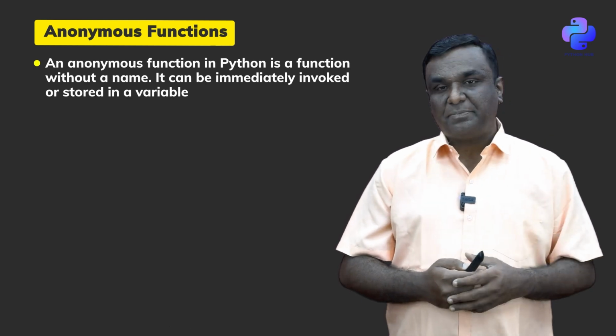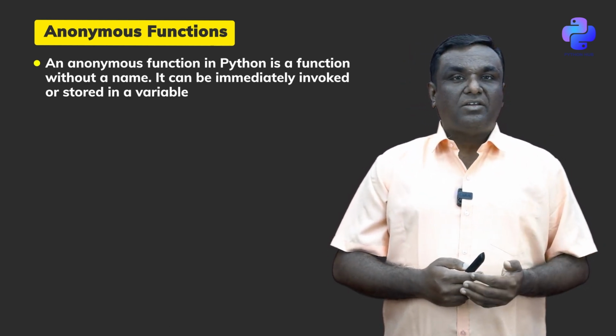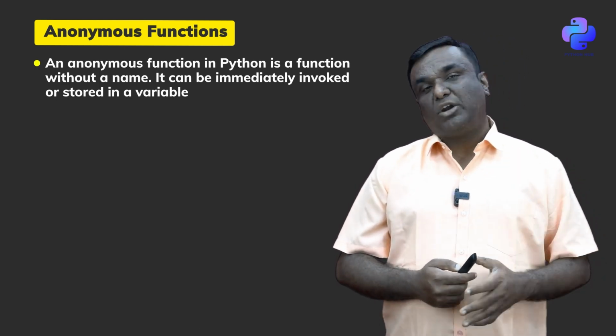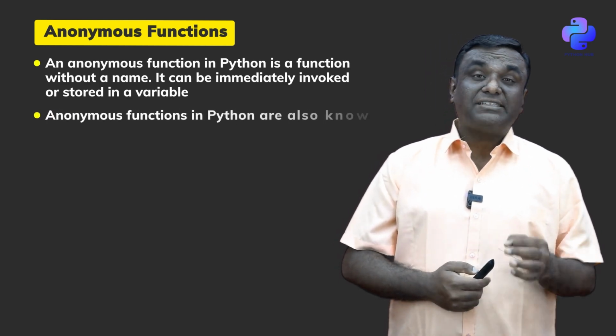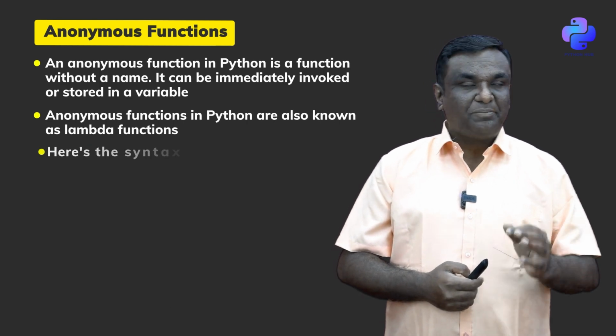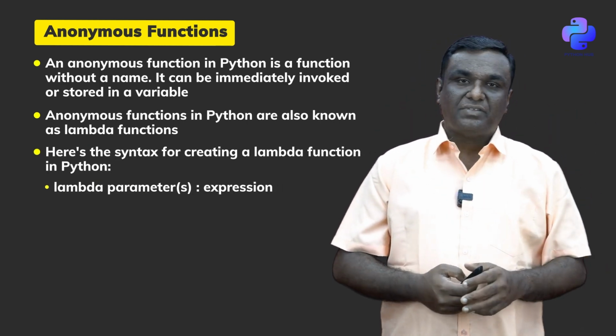Let's understand that better. When you want to invoke immediately or store in a variable, you can actually trigger an anonymous function. Anonymous functions are also called Lambda functions. The syntax is very simple: lambda parameters colon expression.